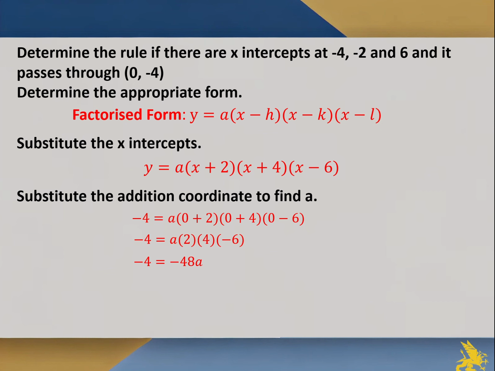Then I get a by itself by dividing everything by -48, and I get a = 1/12. I grab that a value and place it back into that equation, and I get y = 1/12 (x + 2)(x + 4)(x - 6).